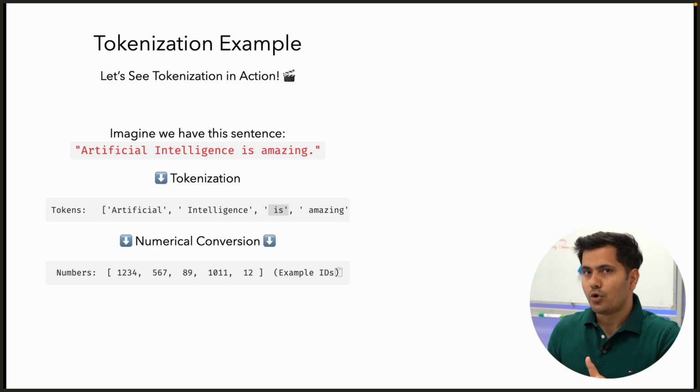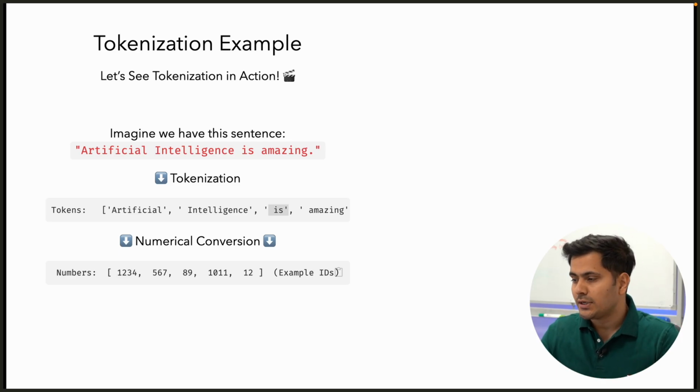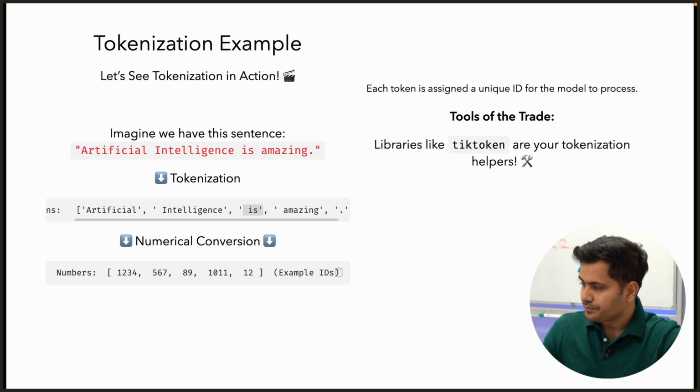All models have their own way of tokenizing input into numerical values, but the goal is to get from text to numbers, and this process is reversible. So you can go from the numerical representation back to the text as well, not just one way.